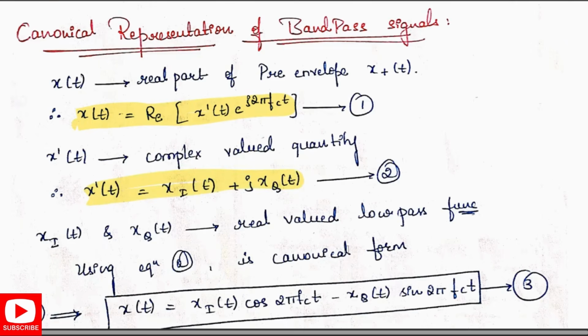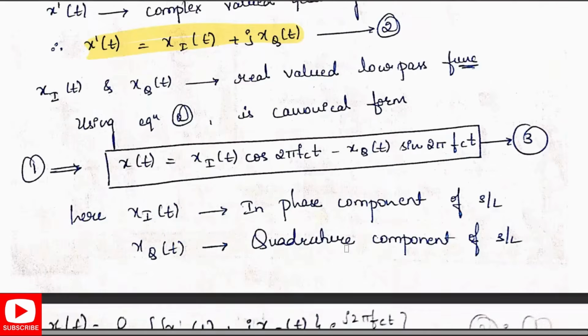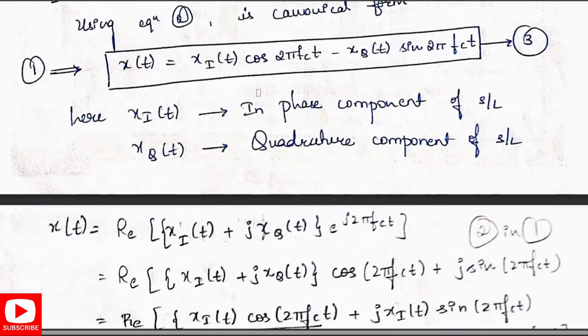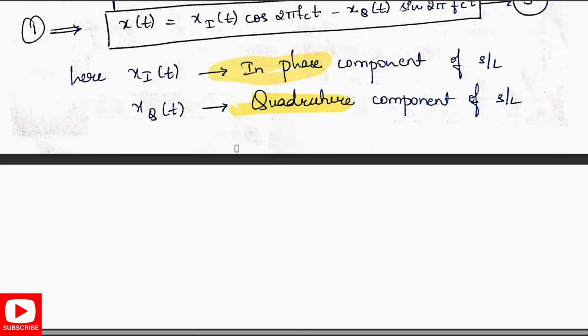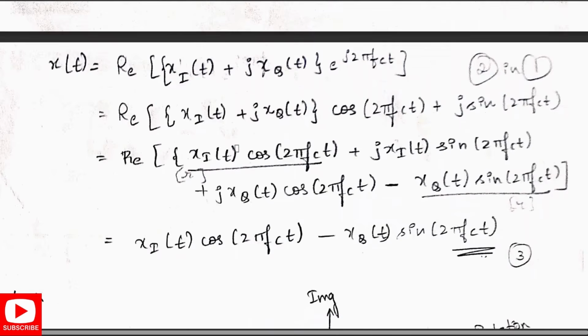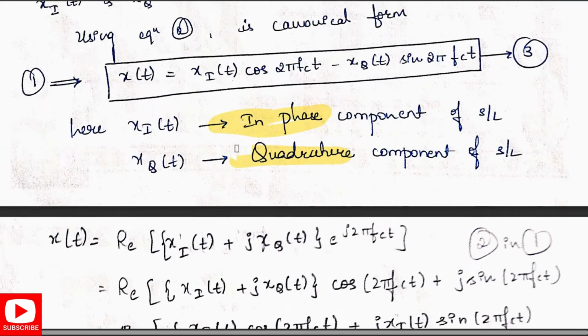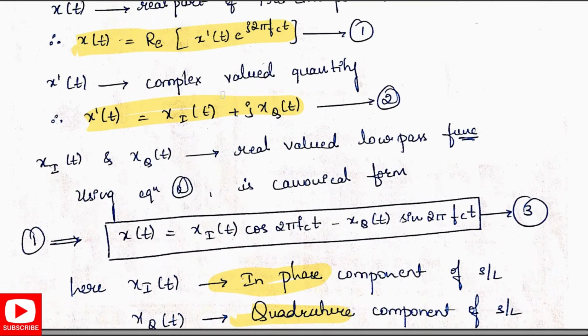So using this equation 2 in the canonical form, you need to find out this expression. This is the derivation. So how do you do that? Here xi of t is the in-phase component, and xq of t is the quadrature component. Starting with how to do it, you have to substitute this equation 2 in equation 1.